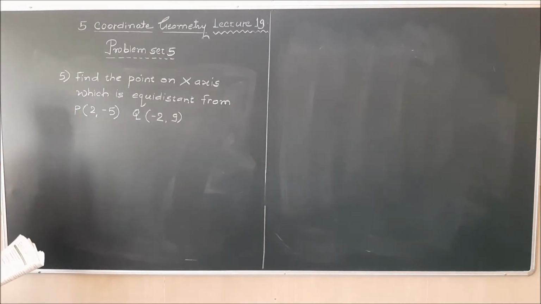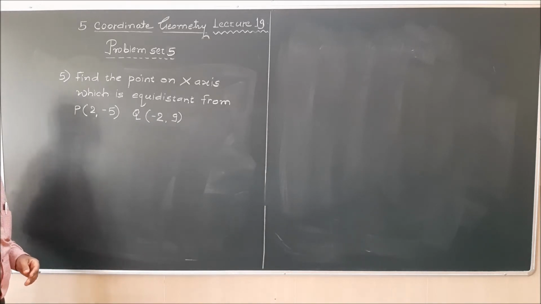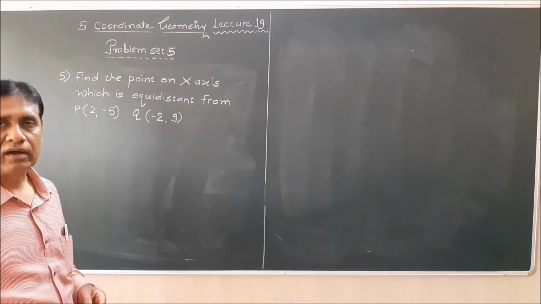Find the point on x-axis which is equidistant from P 2, minus 5, Q minus 2, 9.